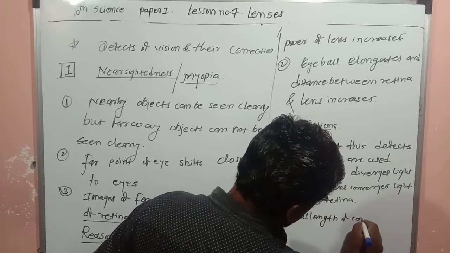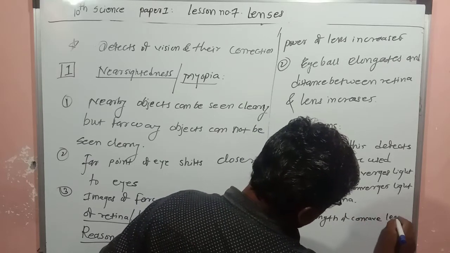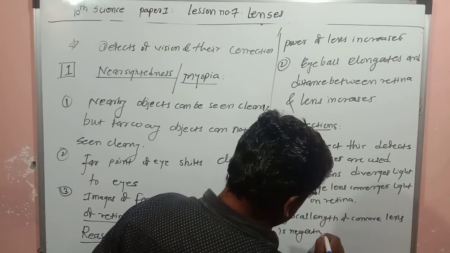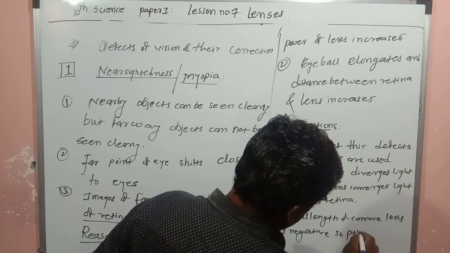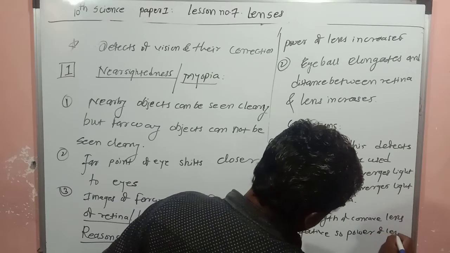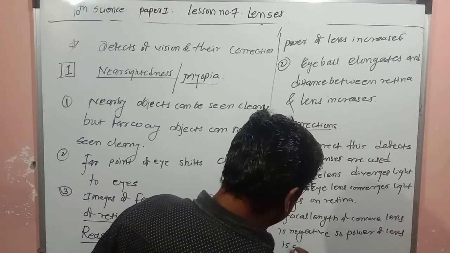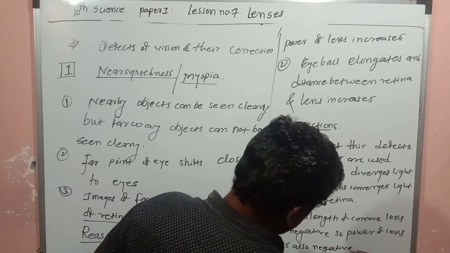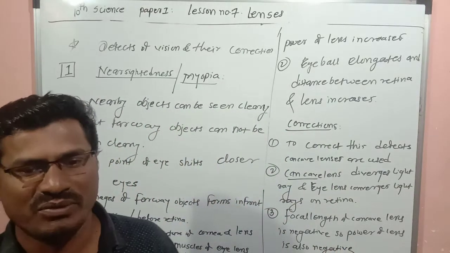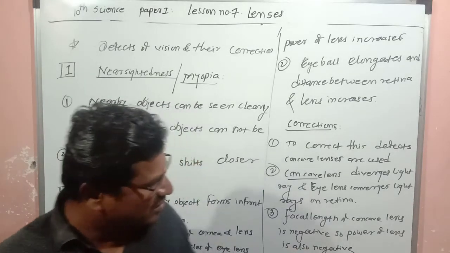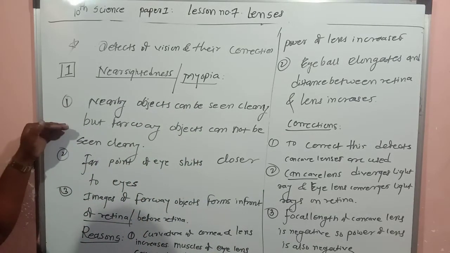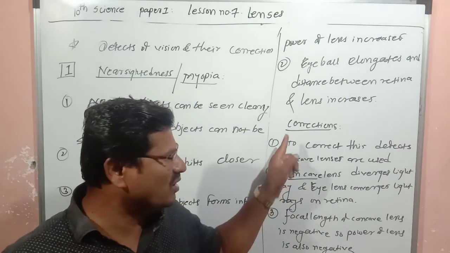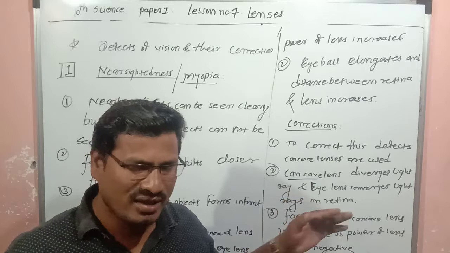So you will get a negative number, minus number you will get. So these are the points related to nearsightedness.